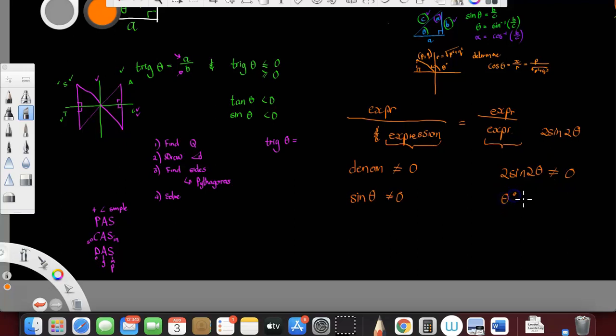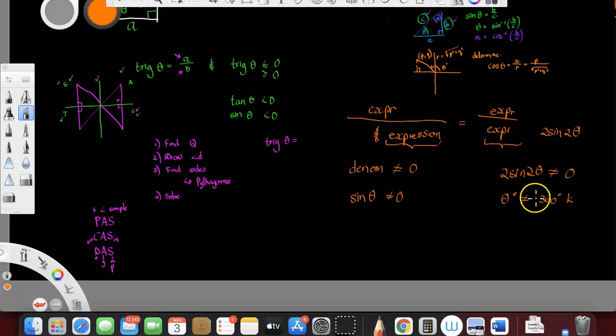So theta is not allowed to be 0, or every rotation around 0, so 360 times k. Theta can't be 0 or any multiple of 360.